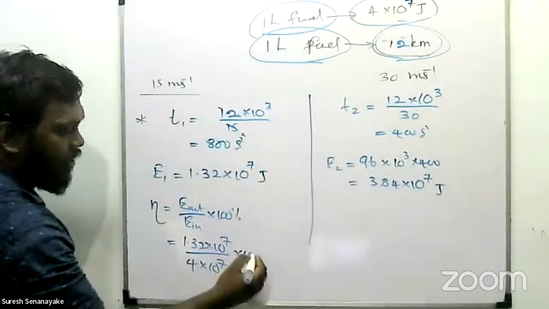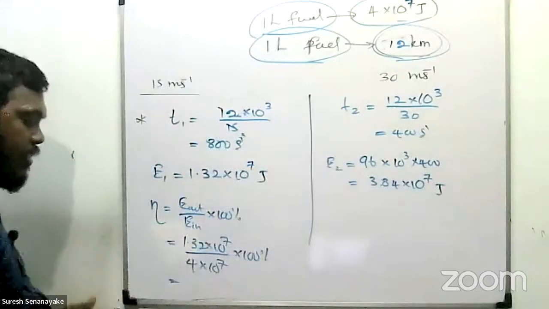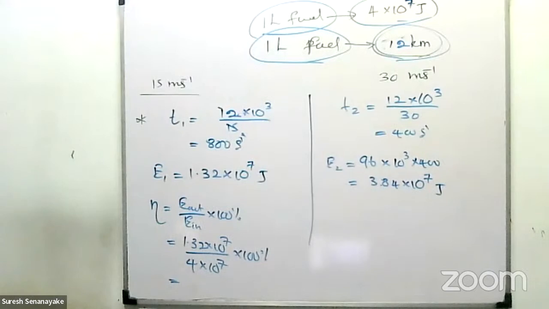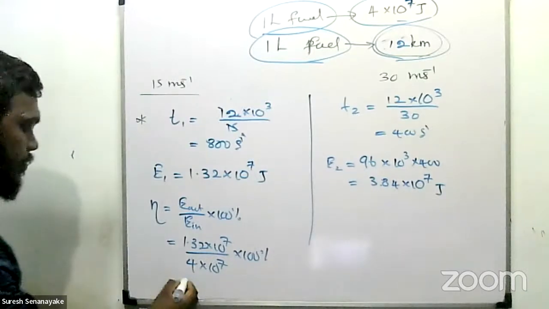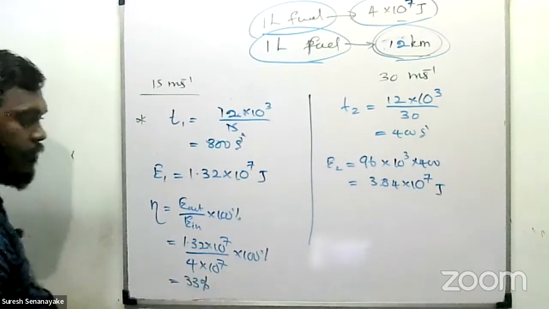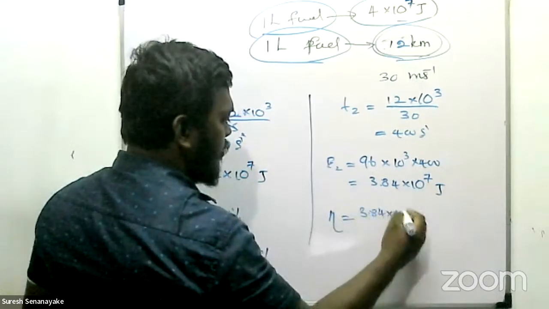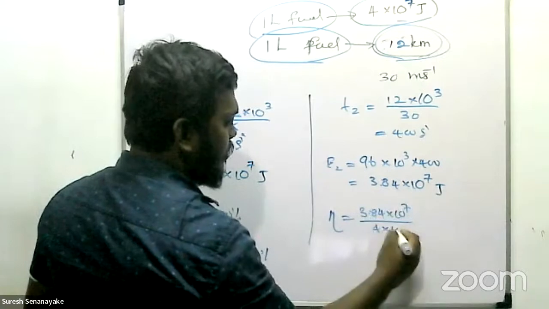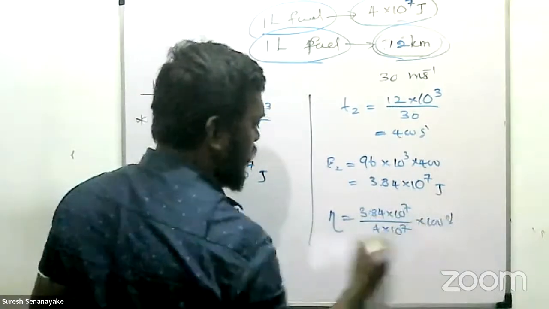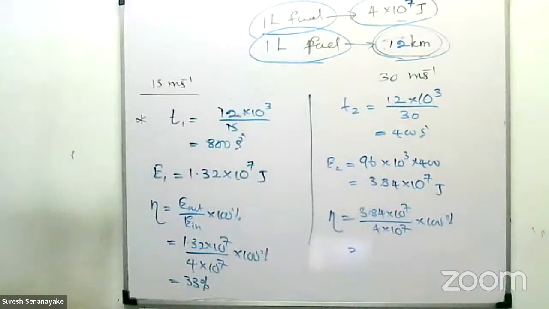So the efficiency in this case is 1.32 divided by 4 multiplied by 100, that is 33%. In this case, eta is 3.84 into 10 to the 7 divided by 4 into 10 to the 7 multiplied by 100. In this case, most of the given energy is converted to the required work. This is 96%.